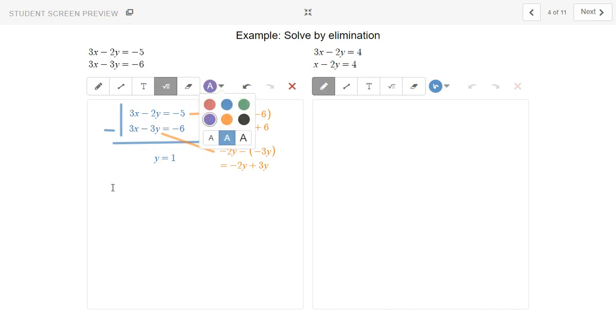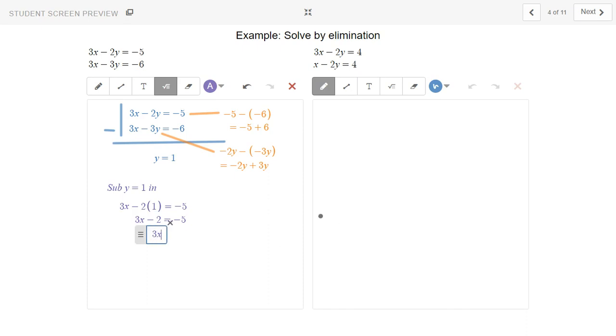And once we have our first answer, we can substitute this back into an original equation. So 3x minus 2 times 1 is equal to negative 5. 3x minus 2 is equal to negative 5.